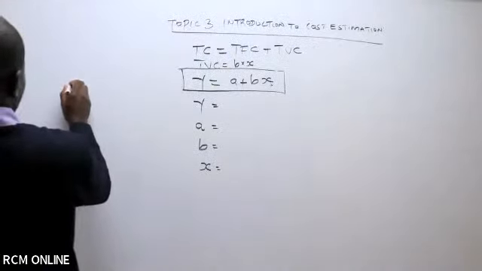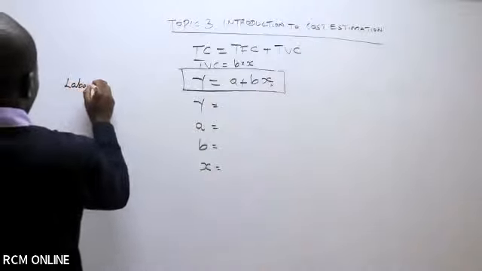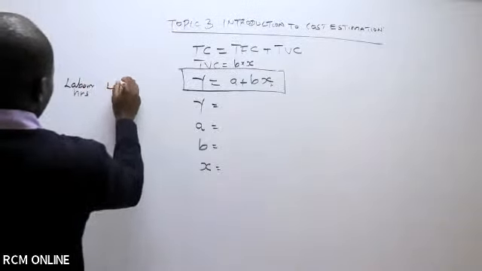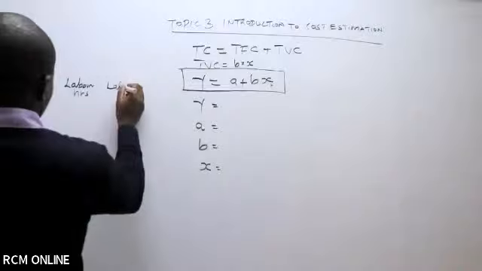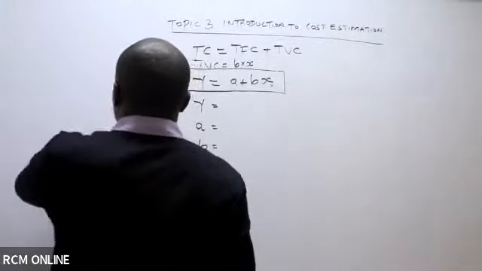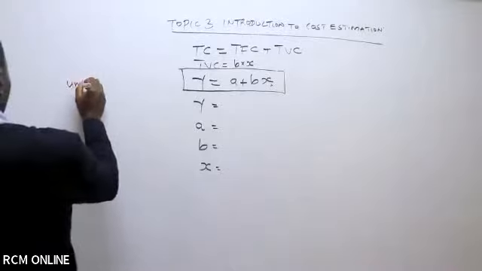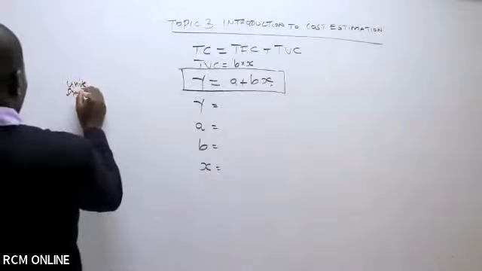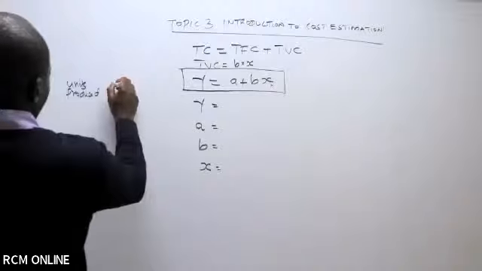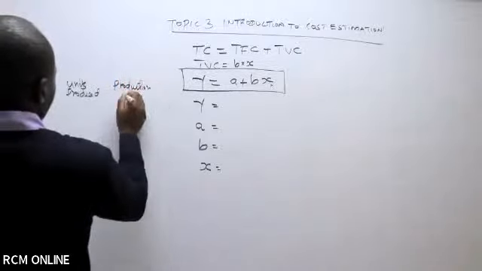For example, we have labor hours, and then we have labor costs. Or alternatively, we can use units produced, then production cost.